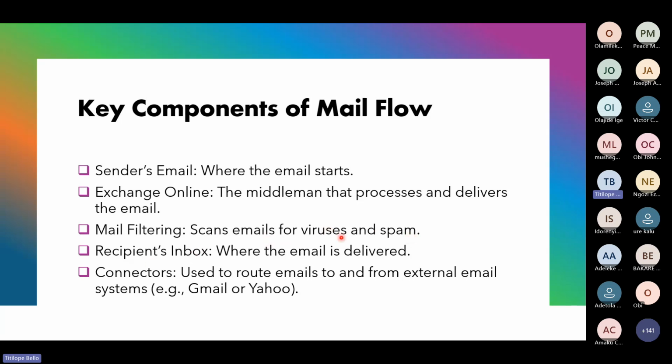If it is free, the next thing is to check if the recipient is within that environment or outside the environment. If the recipient is within the environment, it uses the user account in Active Directory to locate the mailbox of the user, the server that is hosting the mailbox of that user. Once it finds the mailbox, it delivers it in the inbox of the user, right?